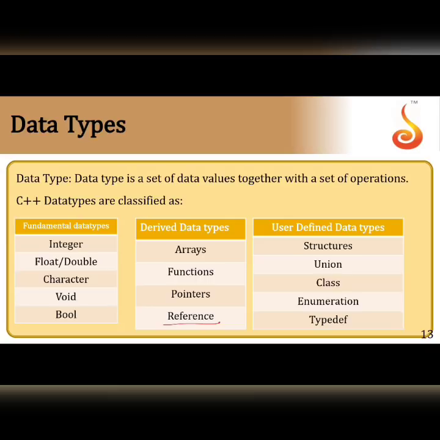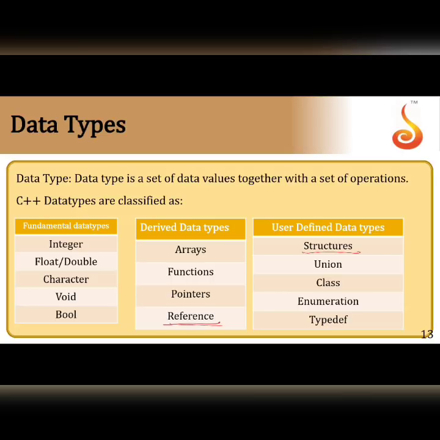References are variables which act as an alias to another object or value. That is, a reference is an alternative name given to an existing variable. And next is structures. Structures are a heterogeneous set of data stored under one name. What do you mean by a heterogeneous set of data elements?